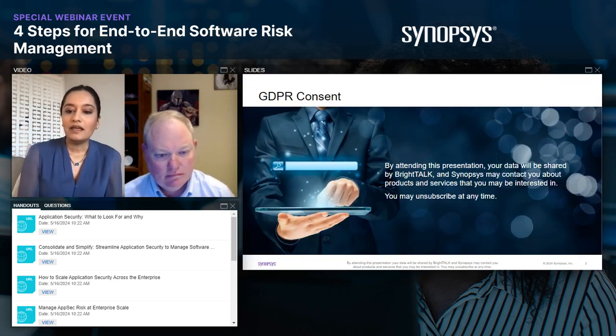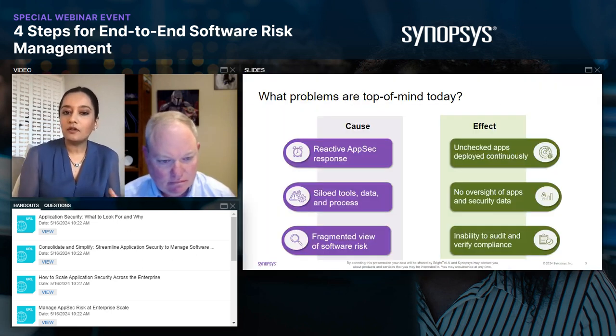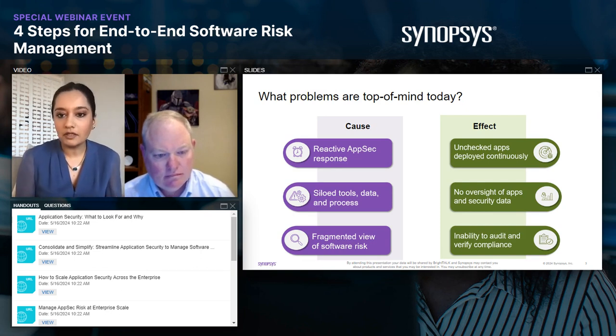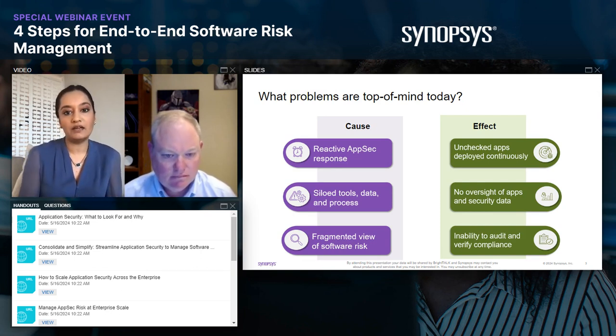So, with that, we will jump into a couple of the larger level problems that really are top of mind for organizations in this new landscape.